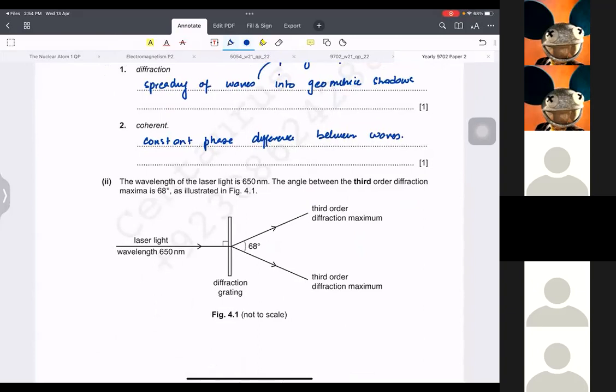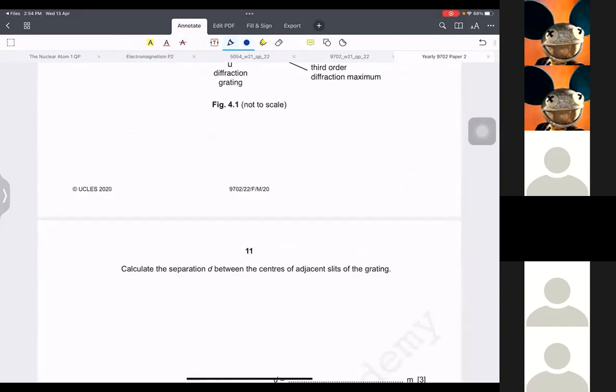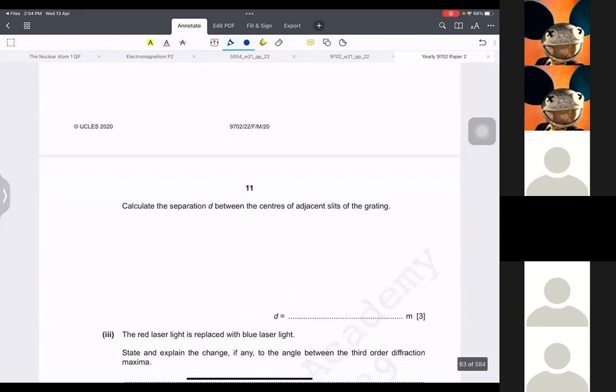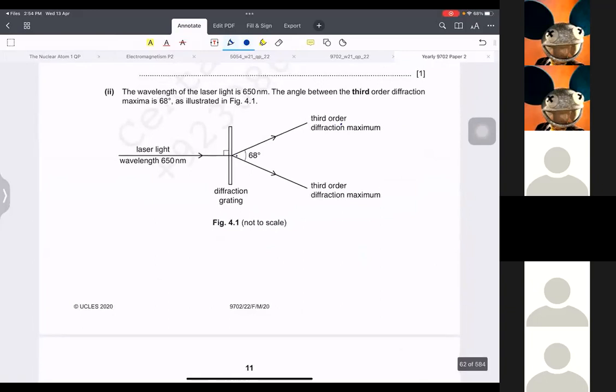Now, this is given: third order diffraction, and there's a 68 degree angle given, and this wavelength given. It says calculate the separation d between the centers of the slits. So we want to find d. Now d sin theta equals n lambda. Remember, theta is not taken from this. Theta is always taken from the 0th order, which means 68 divided by 2 is 34.